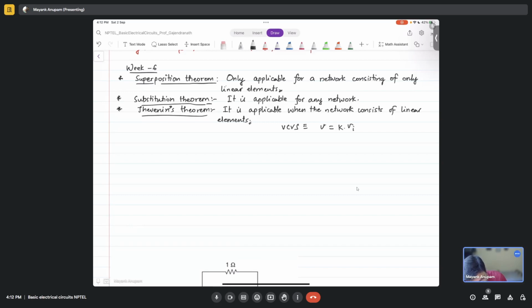Is that fine? This kind of relationship should be there in all the controlled sources. Only then can we say that these theorems, Thevenin's theorem and superposition theorem, are applicable. So that's okay.